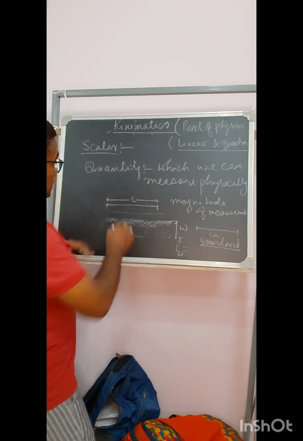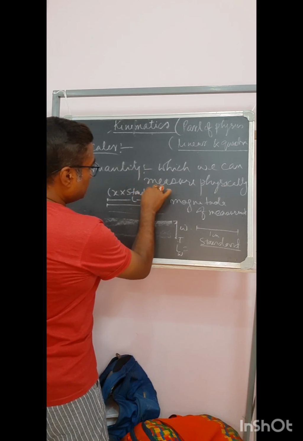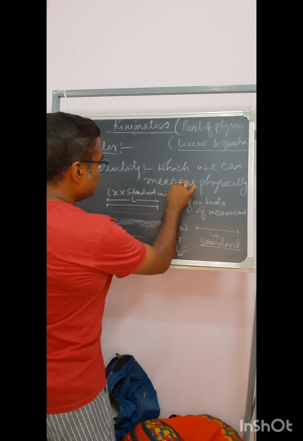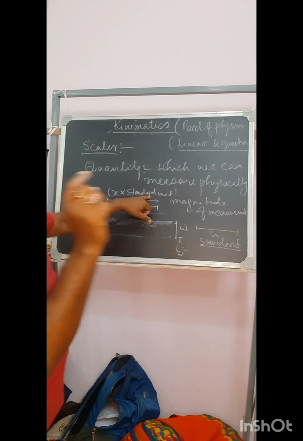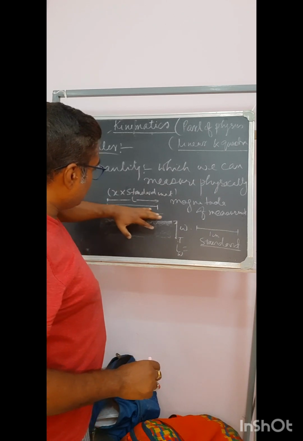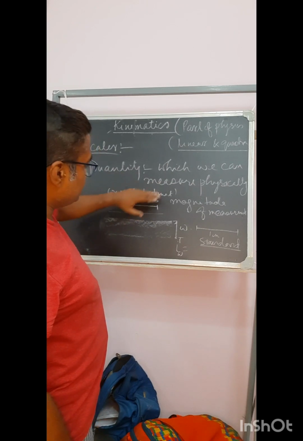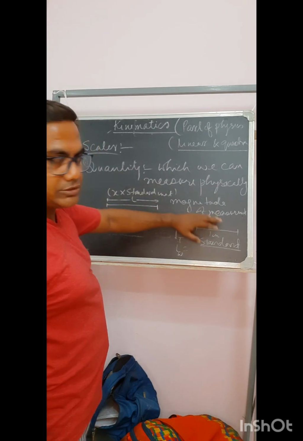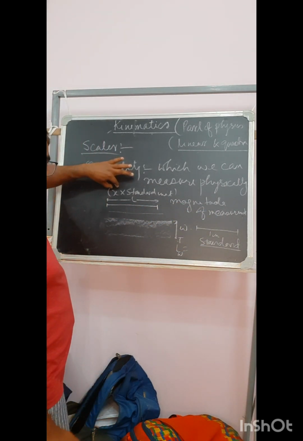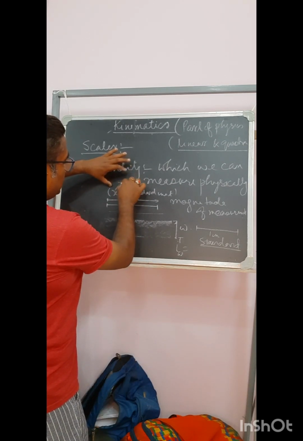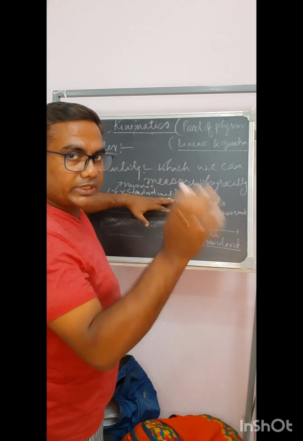Everything which is measurable has standards. So with the standards, this is something multiplied by the standard unit. This can be converted into a multiplication factor times the standard to describe the length of the line. So this is a quantity which is measurable, and the measure is the magnitude of the measurement, and the magnitude is the multiplication factor, the numeric value relative to the standard of that measurement.